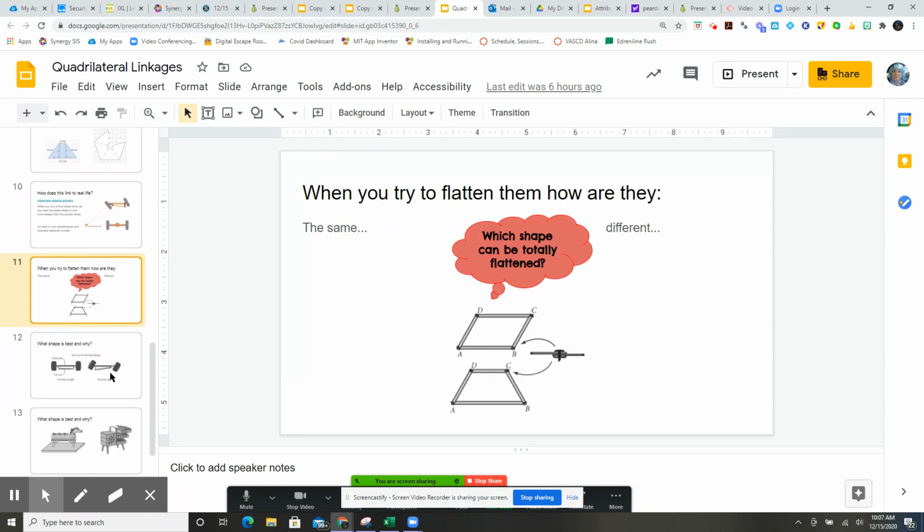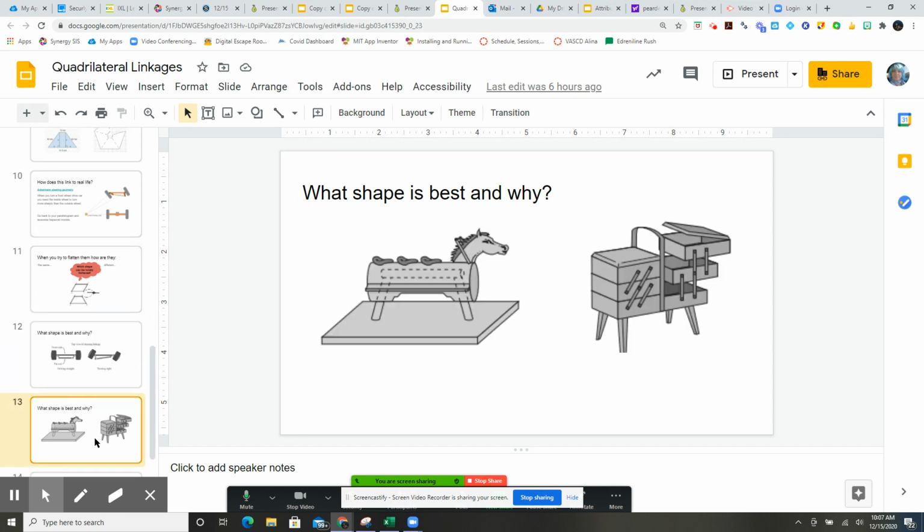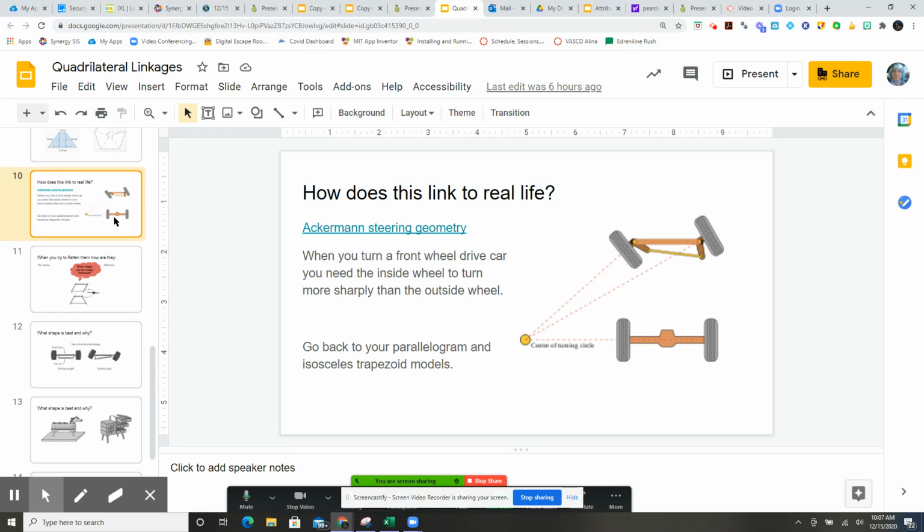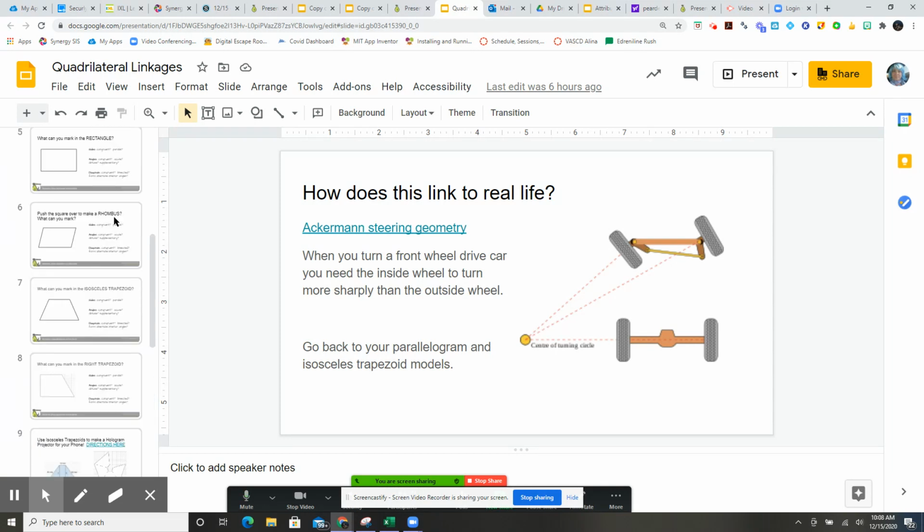Okay. So we're going to talk about that, and then we're going to talk about how it's different when we're trying to expand like drawers or jewelry boxes. Some fancy desks and baskets do this, or even toys like hobby horses. These all use quadrilaterals, but they use them a little bit different than the suspension in your car and the turning mechanism in your car. So that's what we're going to talk about tomorrow.